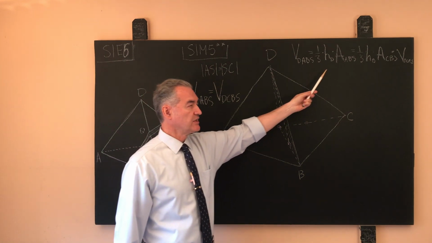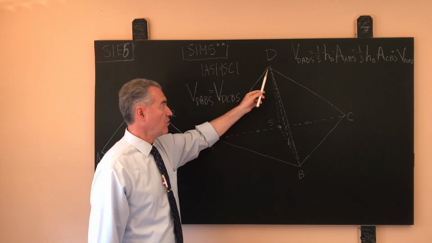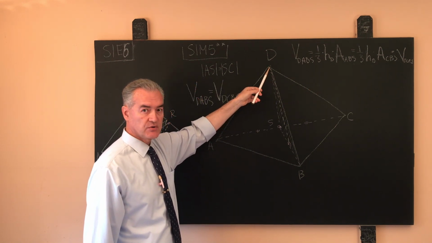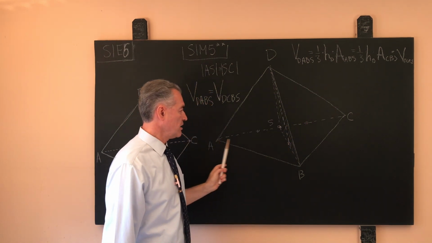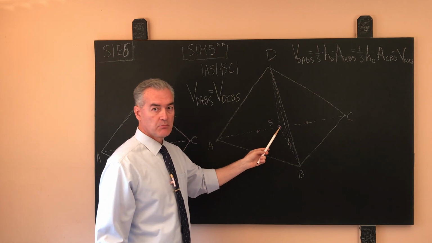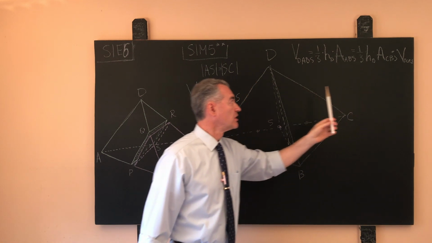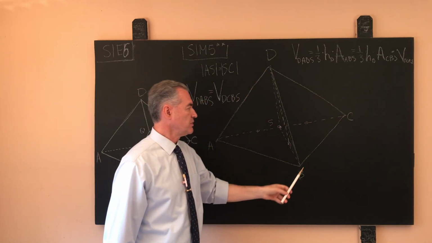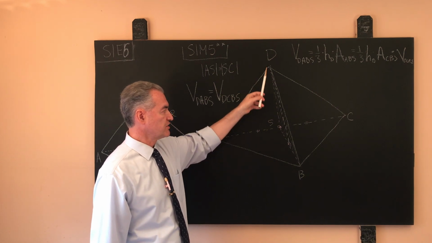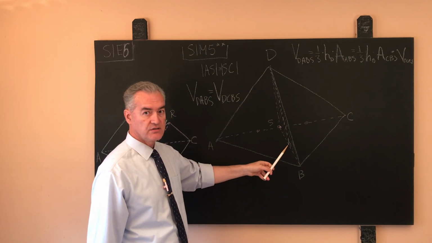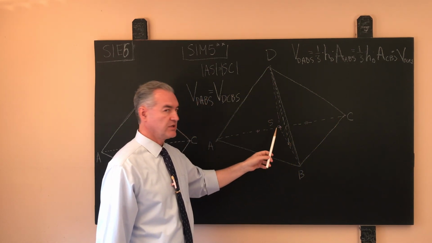DABS will be given as 1/3 of the product of the length of the height of the tetrahedron that emanates from the vertex D and the area of the triangle ABS. But the volume of the smaller tetrahedron DCBS is also given by 1/3 of the product of the length of the same height HD that emanates from the vertex D and the area of the triangle CBS.